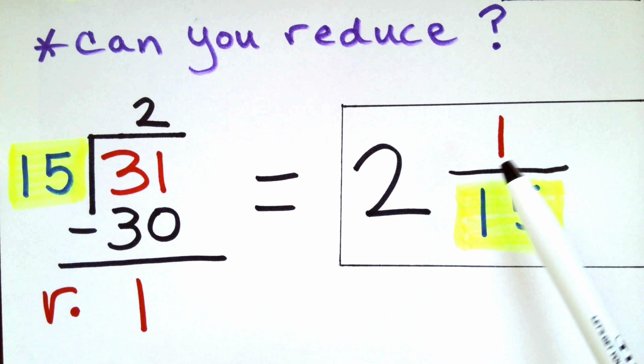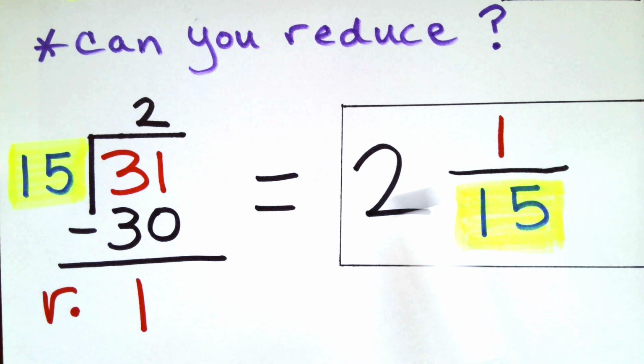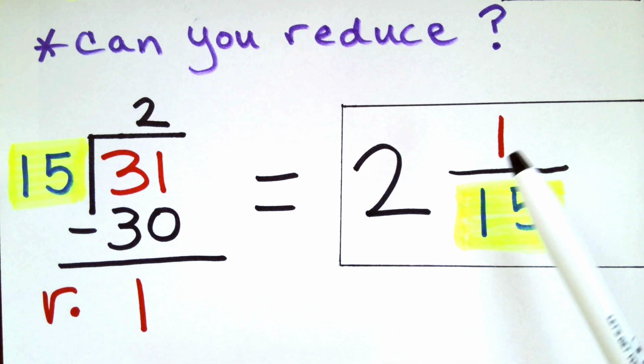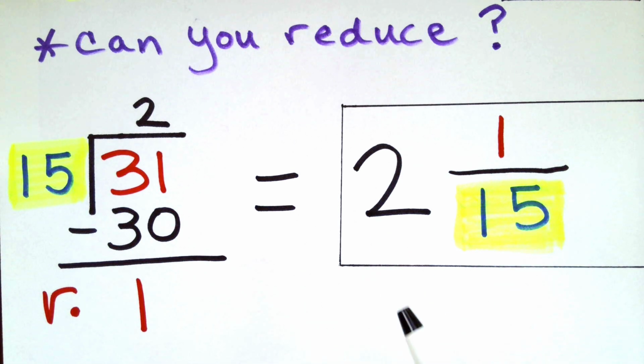The remainder is our new numerator, top part of the fraction, and the denominator, 15, stays the same. So 31/15, 31 over 15, and 2 and 1/15 are the exact same values. They're just two different ways of writing the value. 31/15 is an improper fraction. 2 and 1/15 is the mixed number value.